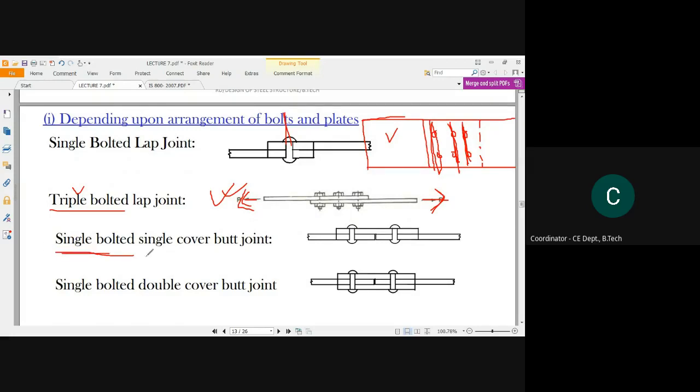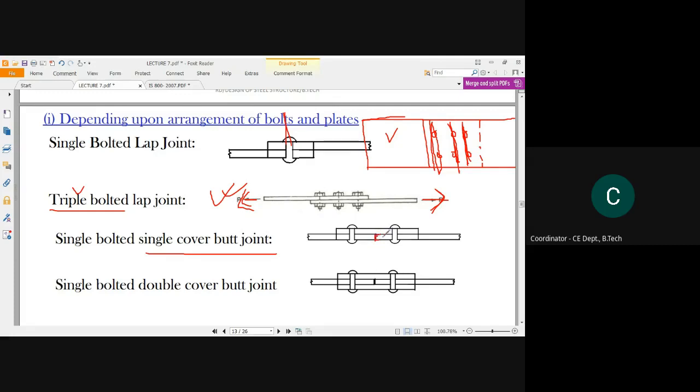I will come to that single bolted later. Let me just explain the single cover butt joint. Now the explanation of the butt joint comes. A butt joint means that when a member is connected, the end of one member is connected to the face of another plate.